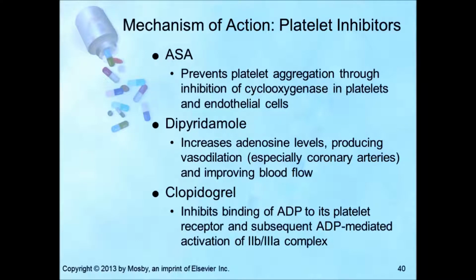Dipyridamole increases the body's adenosine levels, producing vasodilatation, particularly in the coronary arteries, which improves blood flow. It also inhibits phosphodiesterase, the enzyme responsible for elevating levels of cyclic adenosine monophosphate, the cAMP, in that Krebs cycle that we all remember and love. Low levels of cAMP are associated with reduced platelet adhesiveness.